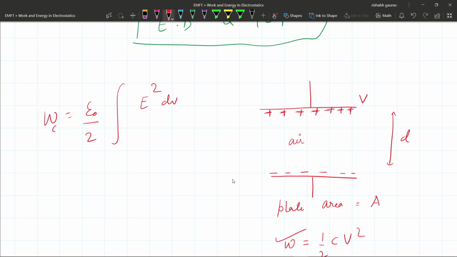For the parallel plate capacitor, the electric field magnitude is E equals V upon D, volt per meter.